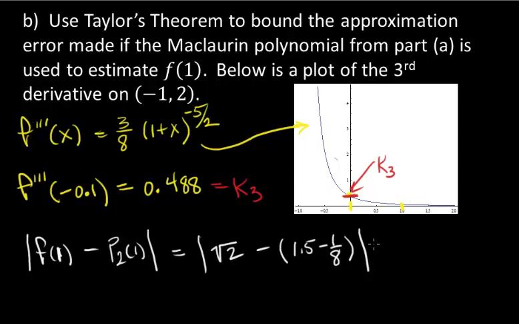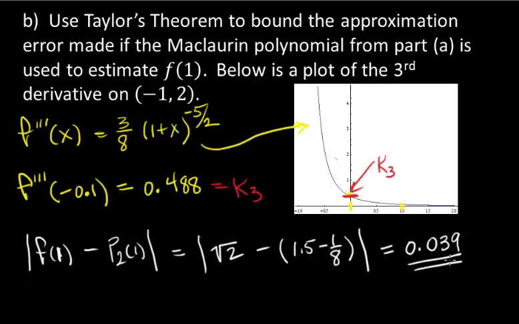And calculating that, this is equal to, correct to 3 decimal places, 0.039. So our estimate is within 4/100ths of being correct.